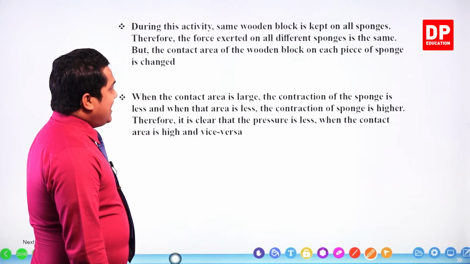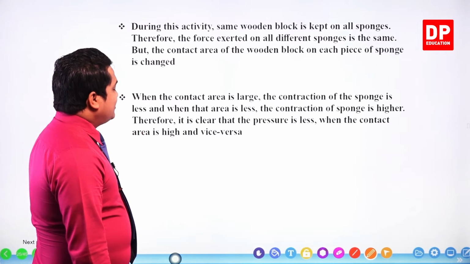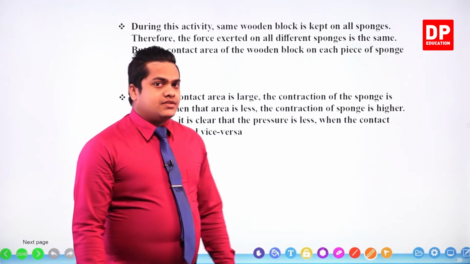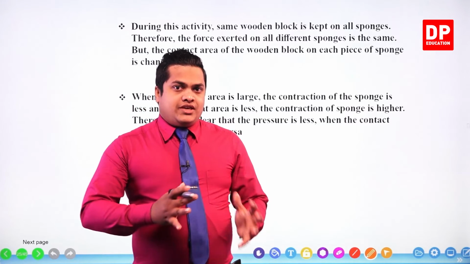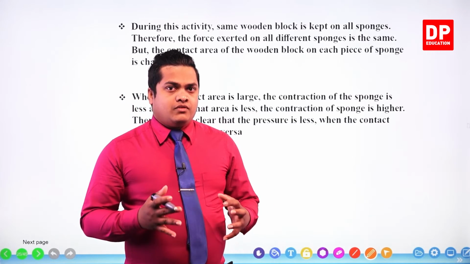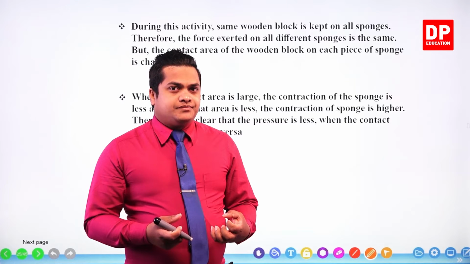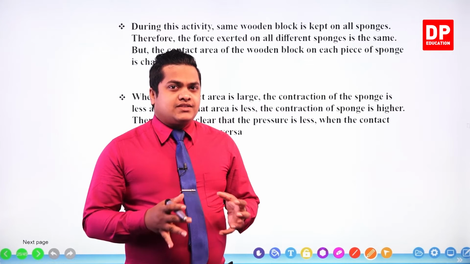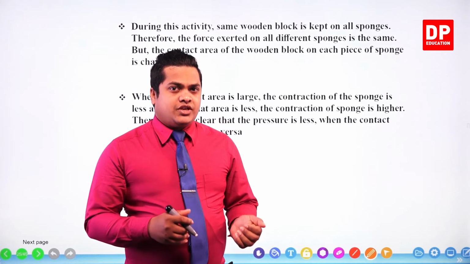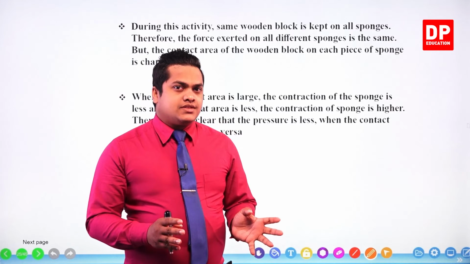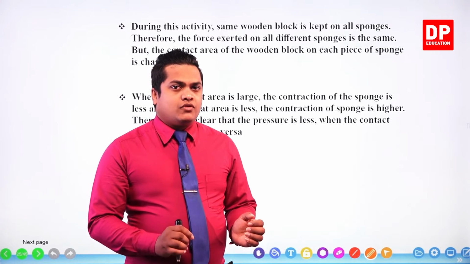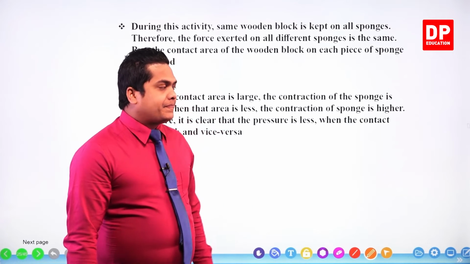But the contact area of the wooden block on each piece of the sponge is changed. Yes. By changing each of the sponges, we changed the contact surface, right? So the contact surface area has changed in each of the instances, even though the force remained the same.